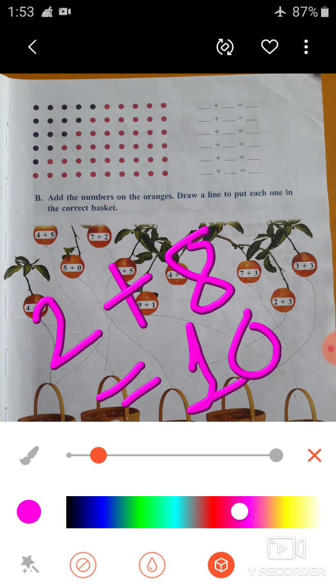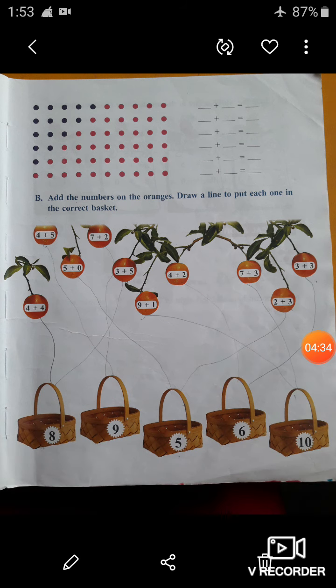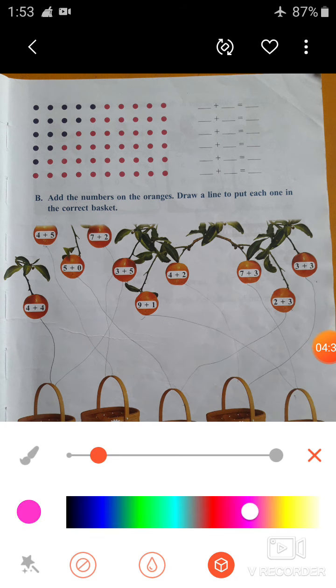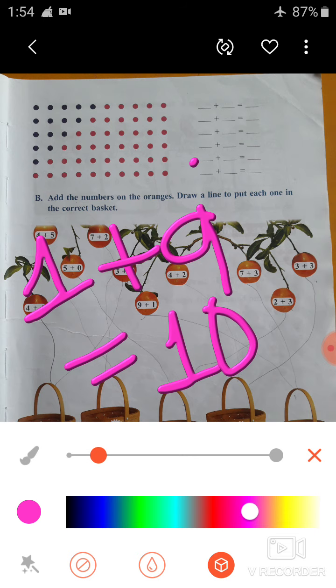You have to fill here 2 plus 8 equals 10. Now the next, 1 blue dot plus 9 orange dots equals 10. So what you have to fill here: 1 plus 9 equals 10.